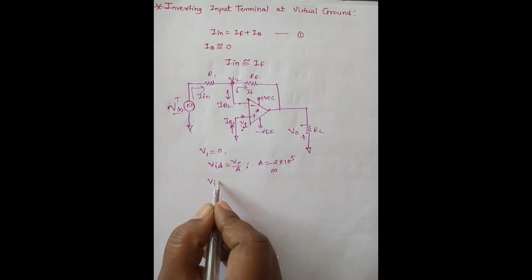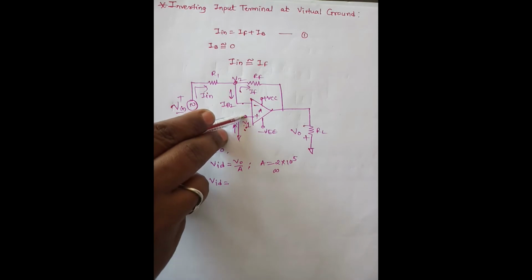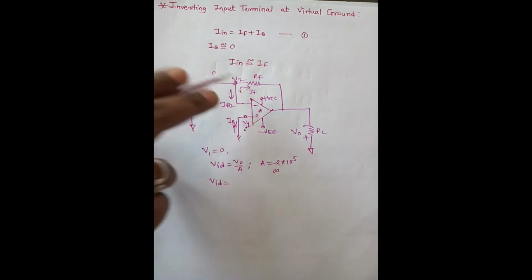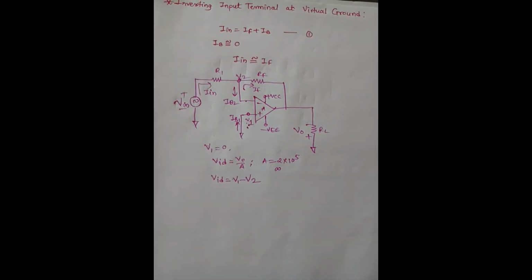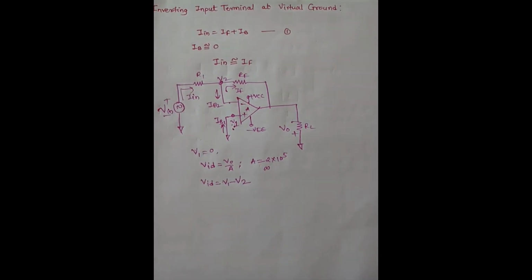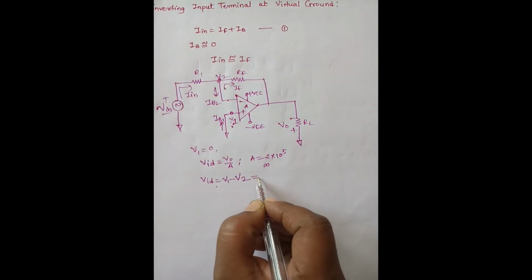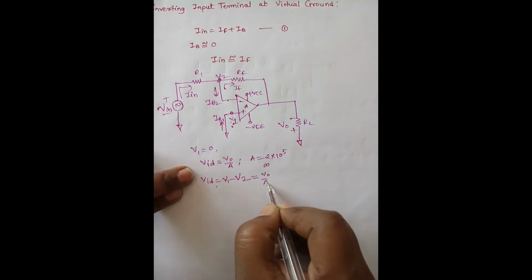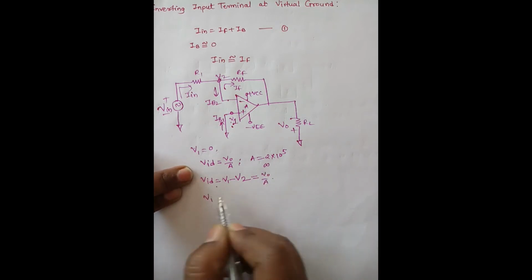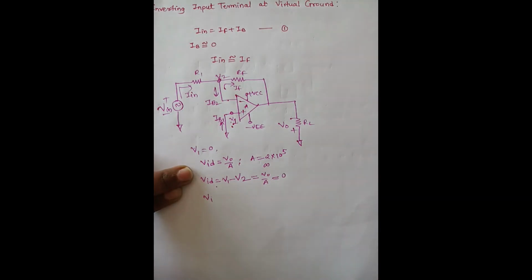So what is VID? VID is the difference between the voltage at non-inverting and the voltage at inverting, that is V1 minus V2. V1 minus V2 is called the differential input voltage, and from this equation it is V0 by A. A is infinite, so this reduces to 0.